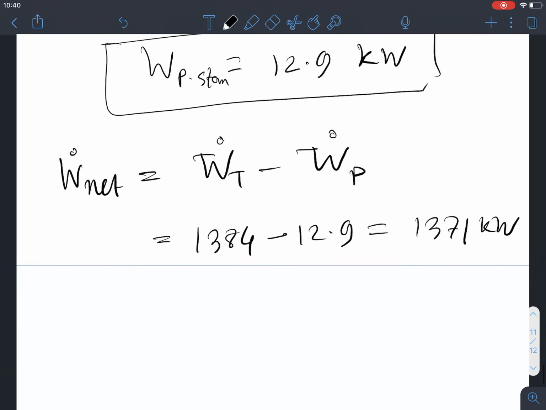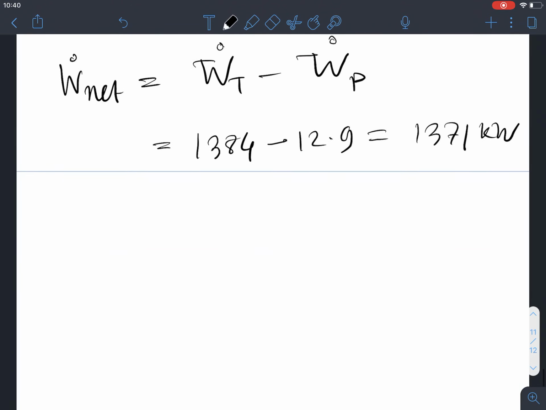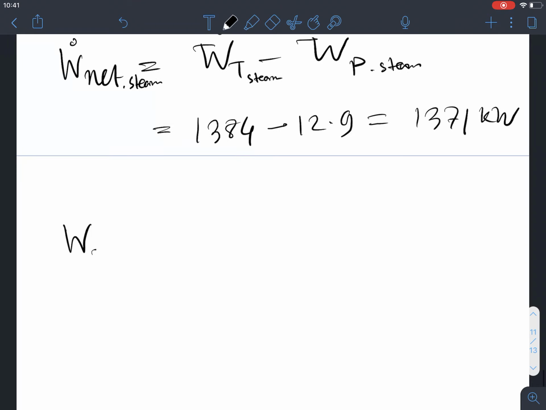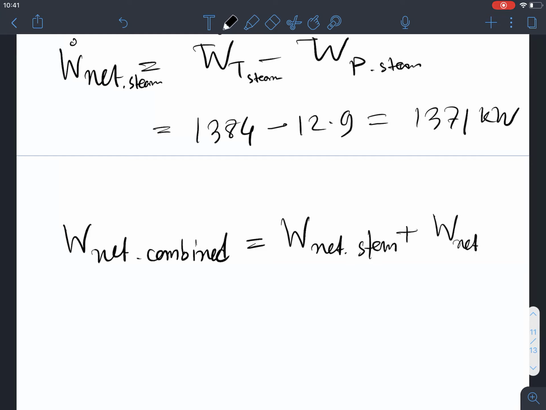Okay, so this is for the steam. What would be the combined power? So the W net of the combined cycle is the W net for steam plus W net for the gas cycle.